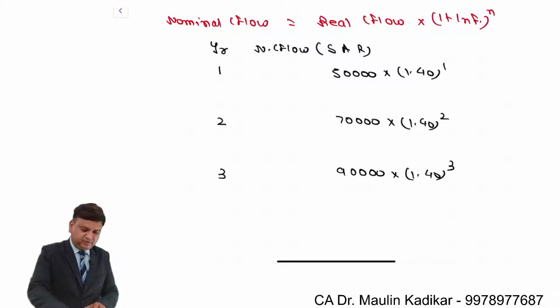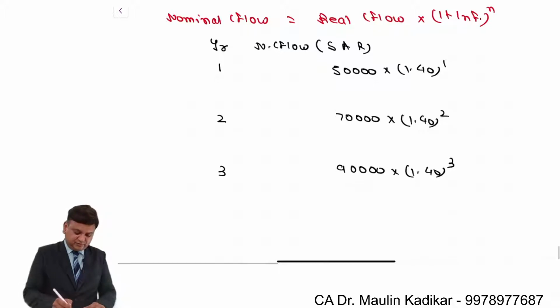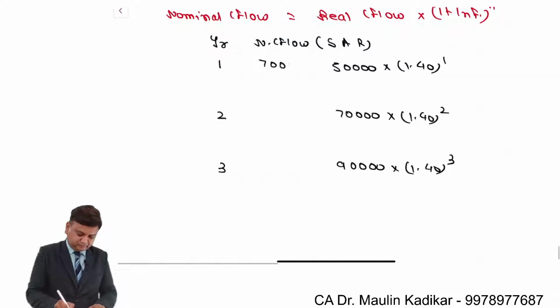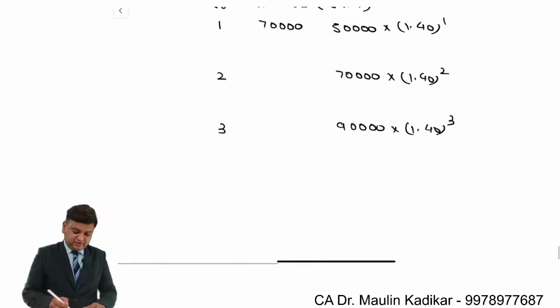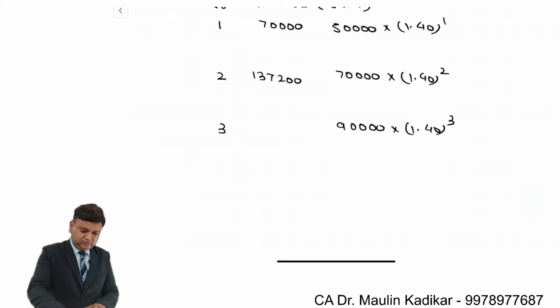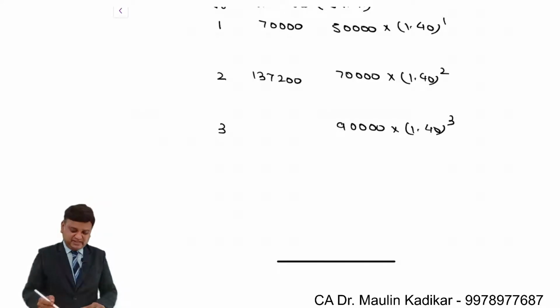So 50,000 into 1.4 is 70,000 for the first year. Then square of 1.4 into 70,000, 137,200. Then 1.4 raised to 3 into 90,000, 246,960.